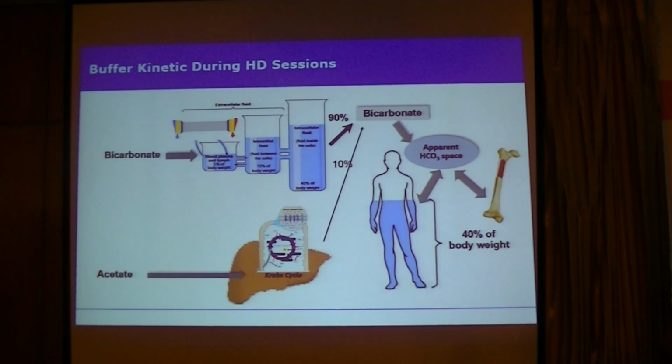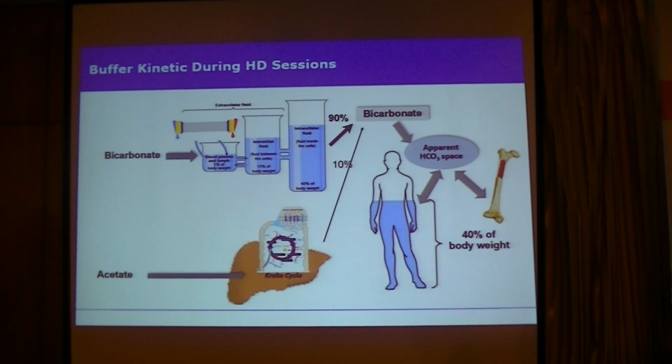When you bring the bicarbonate to the patient, that's a different story. You have to fill what we call the apparent bicarbonate space. We don't know what the bicarbonate space is, because at the end, the calculation is close to 40% of the body weight, just to make an assumption, because the difficulty with the bicarbonate is, of course, filling the patient, but immediately going to the bone.